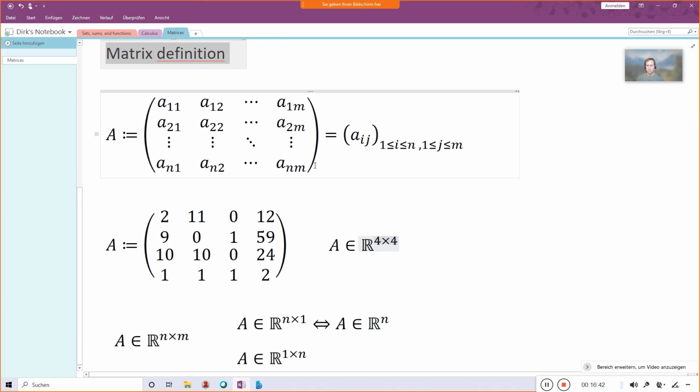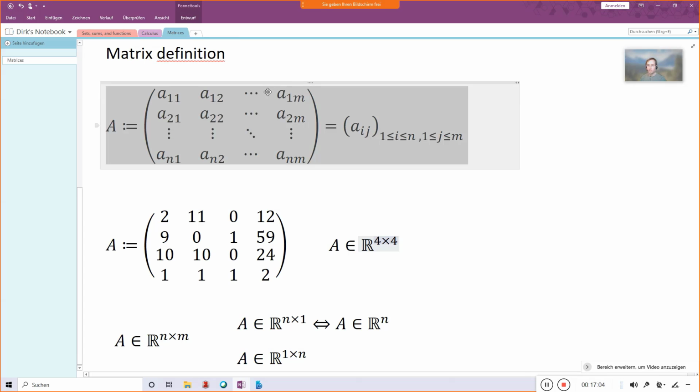Other questions about this matrix definition? I have a question about dimensions of a matrix. Can the dimensions of a matrix be more than 2? No. In mathematical terms, matrices have two dimensions.